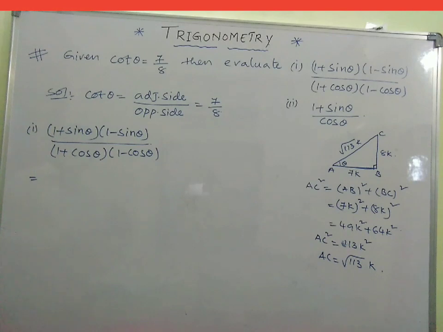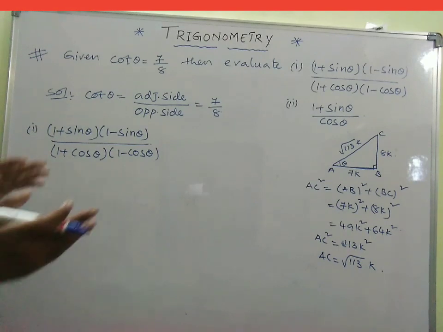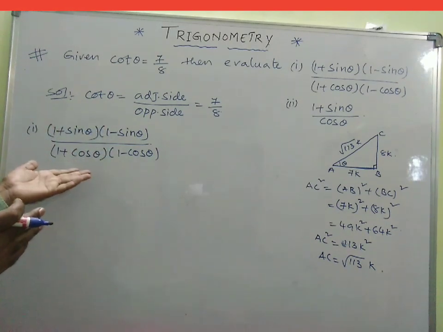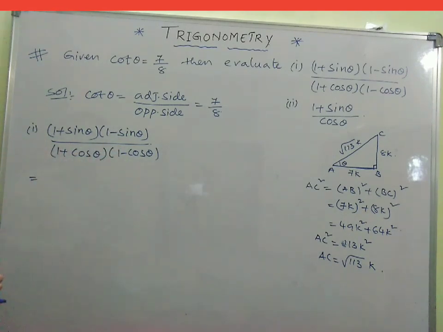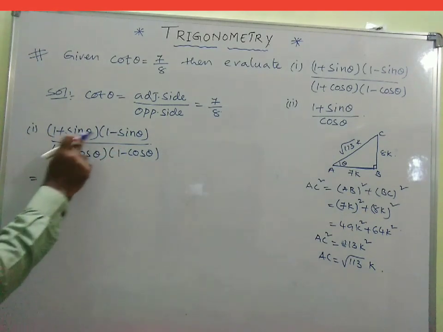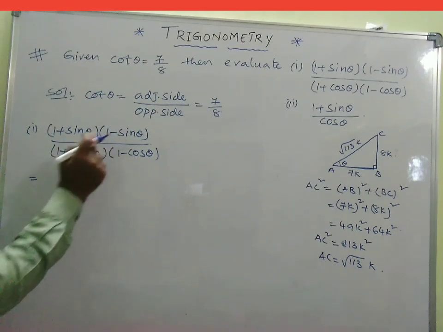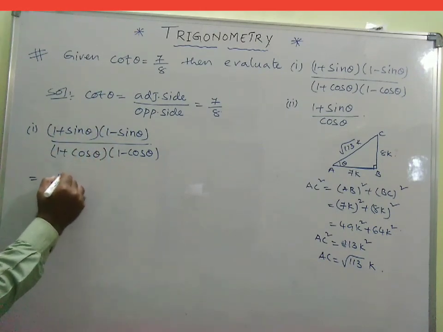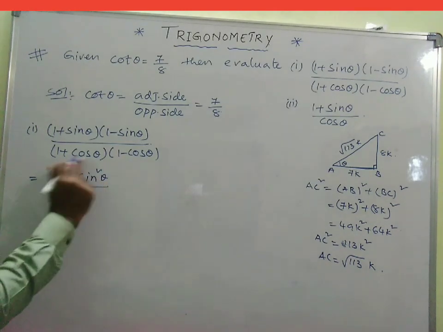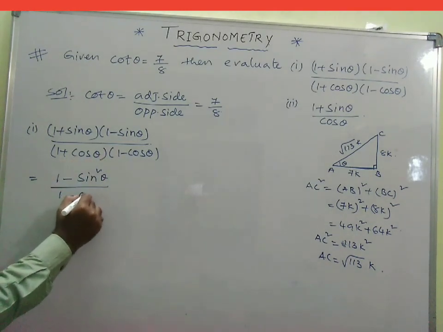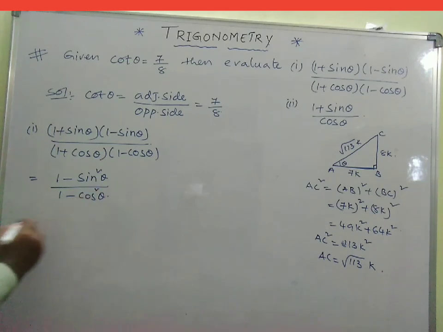So instead of directly substituting the sin theta and cos theta values here, first let us simplify this and then substitute. Now this is like (a plus b)(a minus b), which is a square minus b square, and similarly the denominator also is a square minus b square.